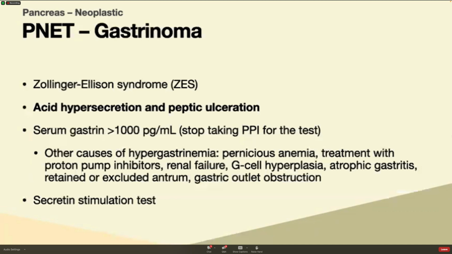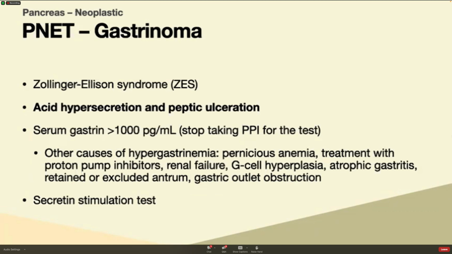For the next PNET, we have gastrinoma, which causes Zollinger-Ellison syndrome. This leads to acid hypersecretion and peptic ulceration. The patient can also have symptoms of diarrhea.